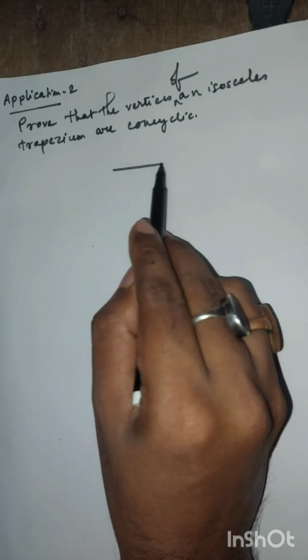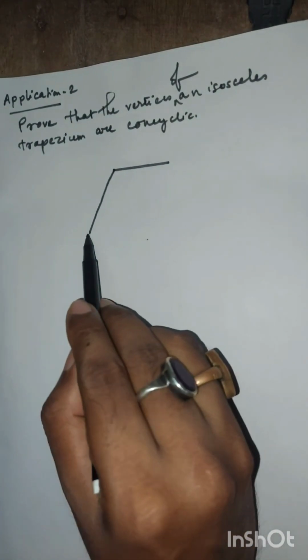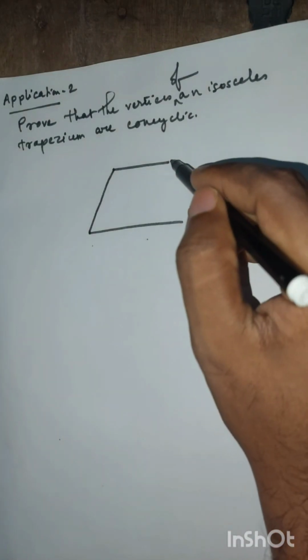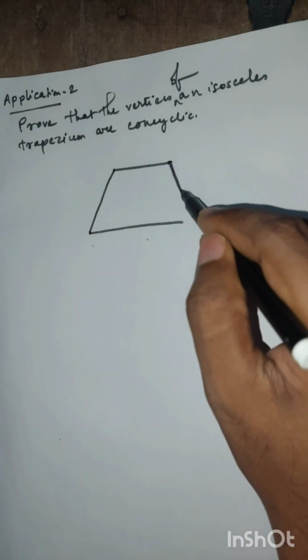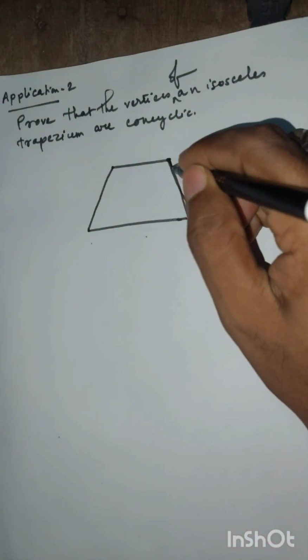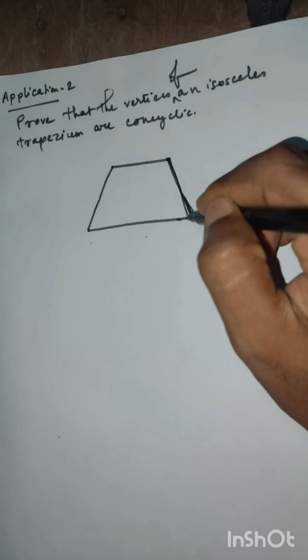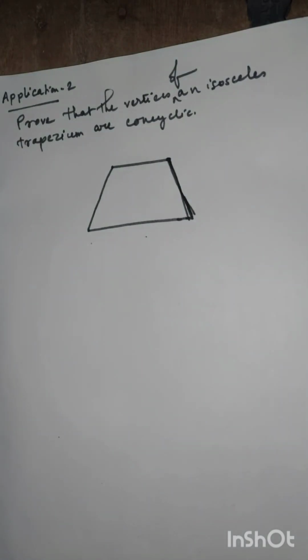So isosceles trapezium. Okay, let us first draw it. Sorry, the diagram is not proper. Okay, this is our isosceles trapezium.